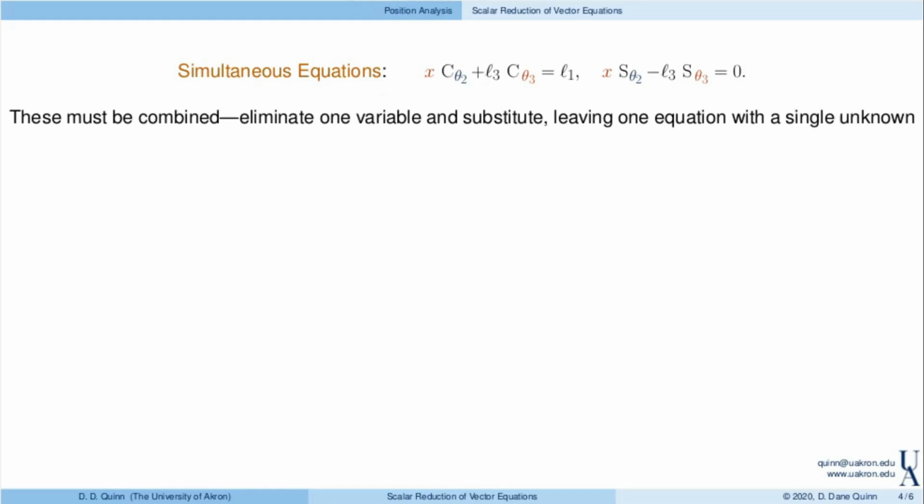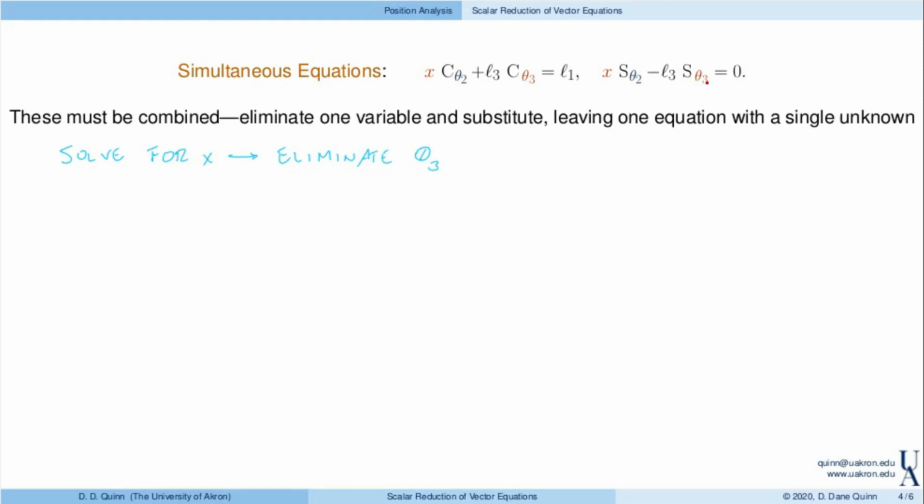So first off, let's try solving for x, which means that we need to eliminate theta 3. So I'm going to solve one of these equations for theta 3, and then I'm going to take that and substitute back into the other equation. The one that I'm going to choose to use to eliminate theta 3 is the second equation.